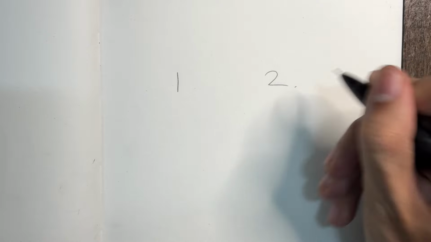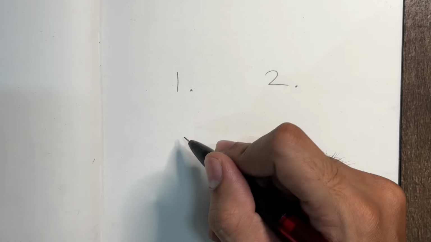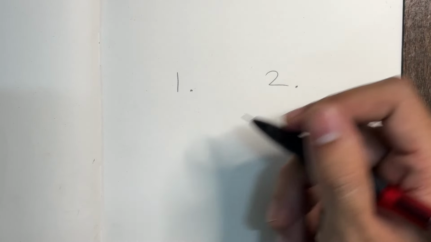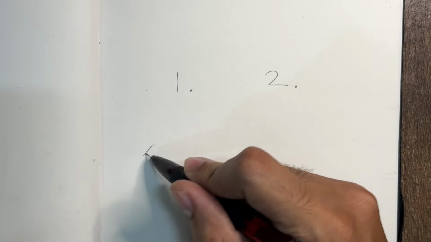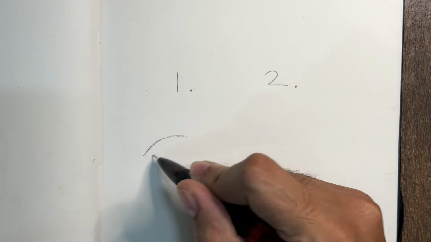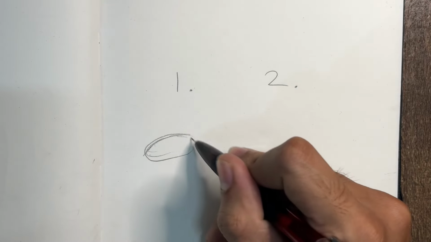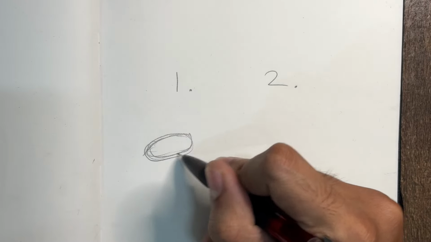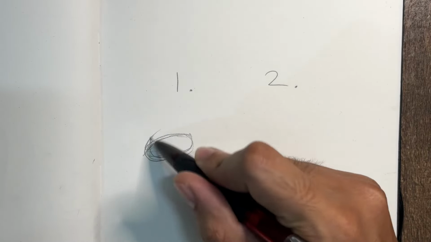So there are two methods to draw any part of the human anatomy. The first one is the use of guidelines and the use of perfect shapes in order to create a form.